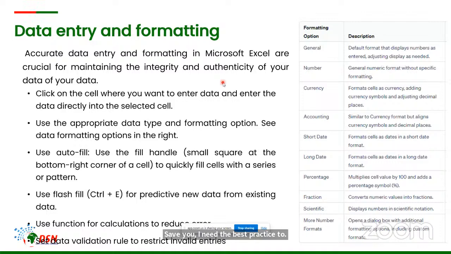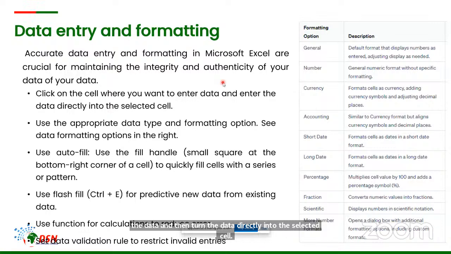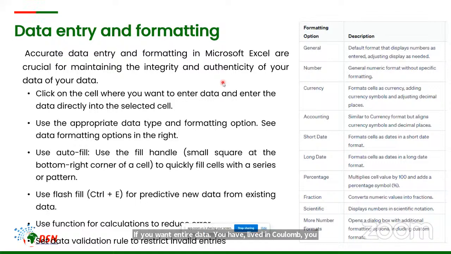Click on the cell where you want to enter data and enter the data directly into the selected cell. If you want to enter your data, you have labeled the columns, you have labeled the rows, make sure that you click the cell.